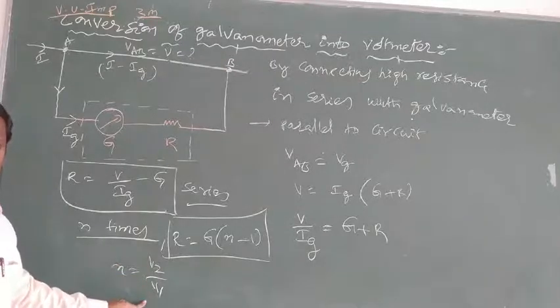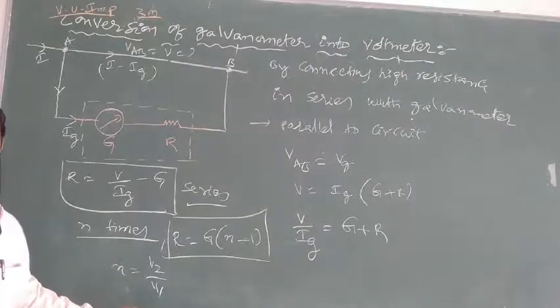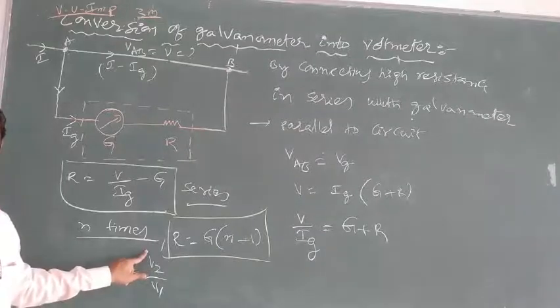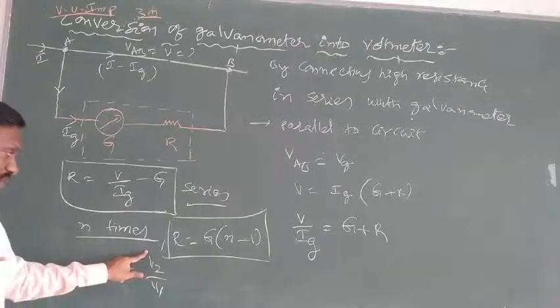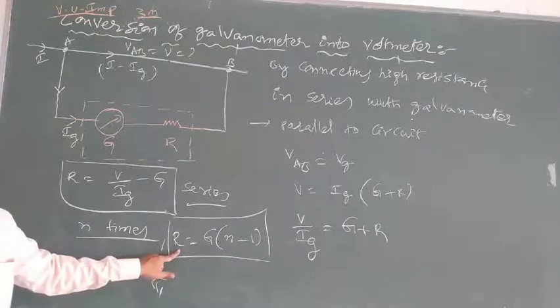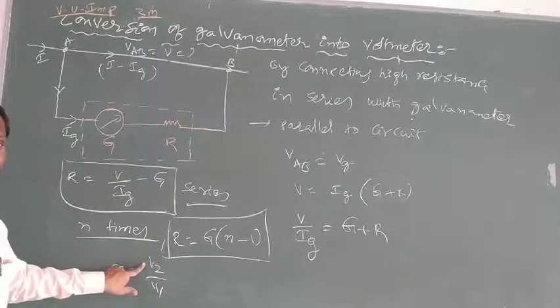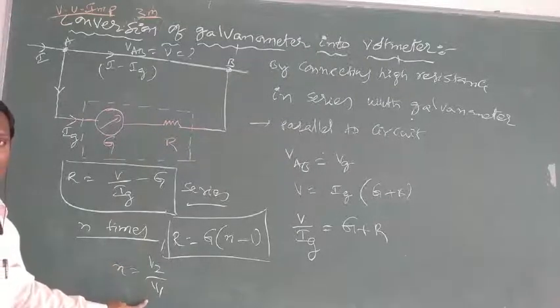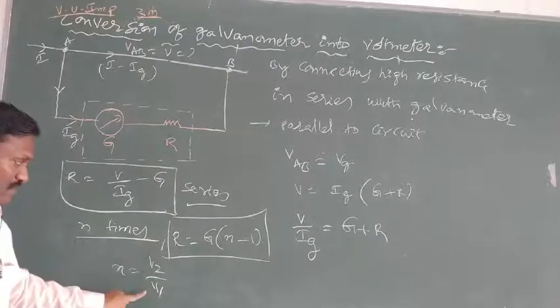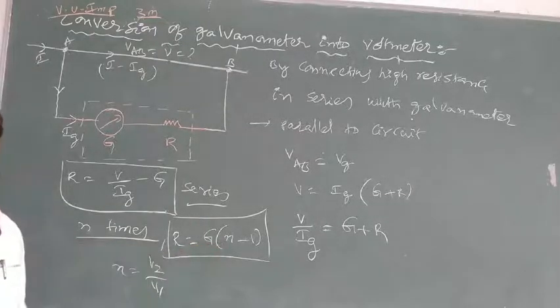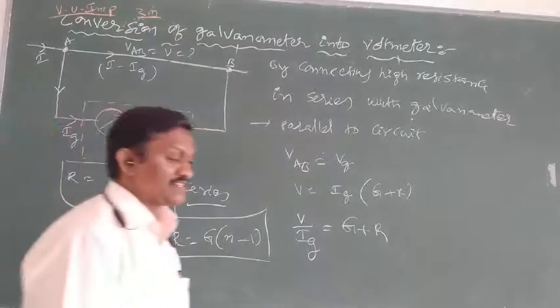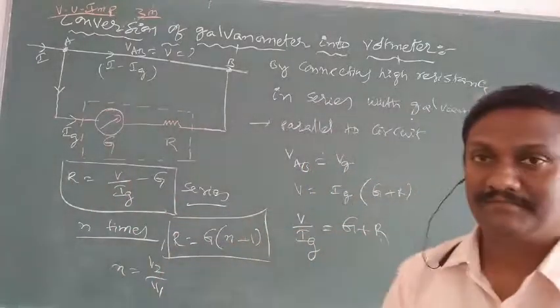We are increasing the range of the voltmeter from V1 to V2. Then the required series resistance is R is equal to G into n minus 1. By applying these two values, you can find the n value. So that is about the conversion of a galvanometer into a voltmeter.